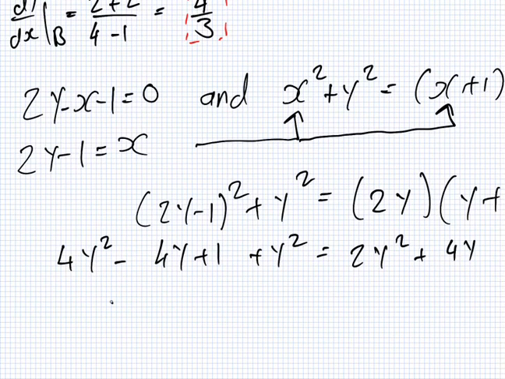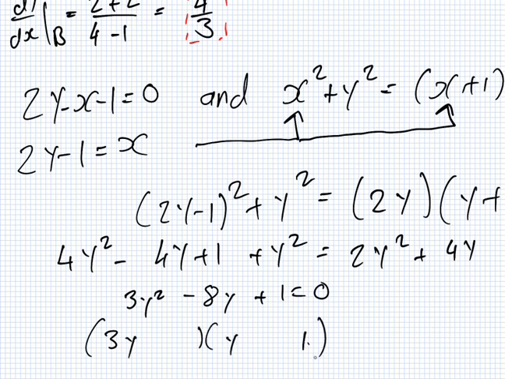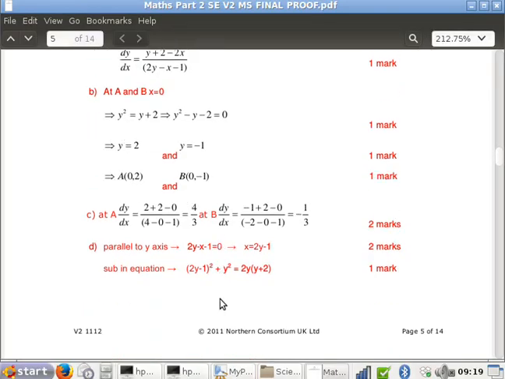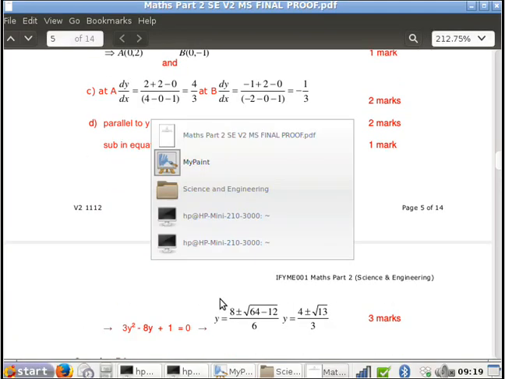So let's put them all together at once. 4y squared minus 2 is 2y, plus 1 is 3y squared. Minus 4y minus 4y is minus 8y, and plus 1 equals 0. No, not nice roots here. Yeah, ugly roots.